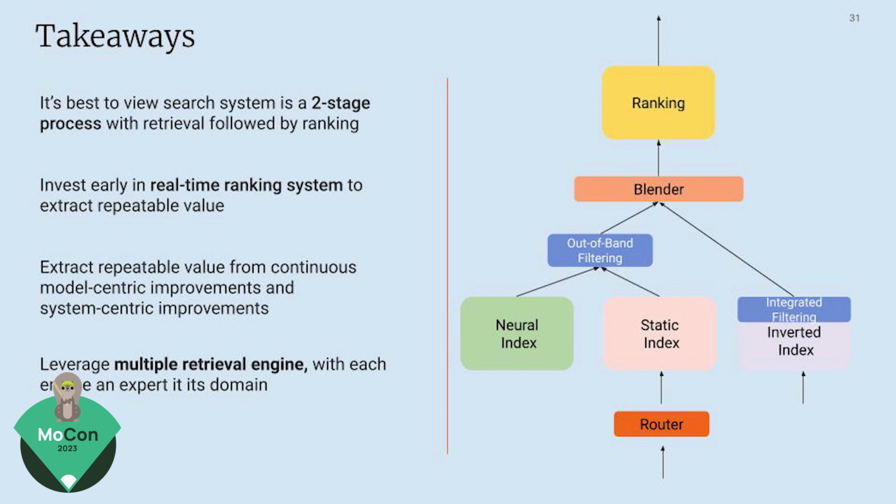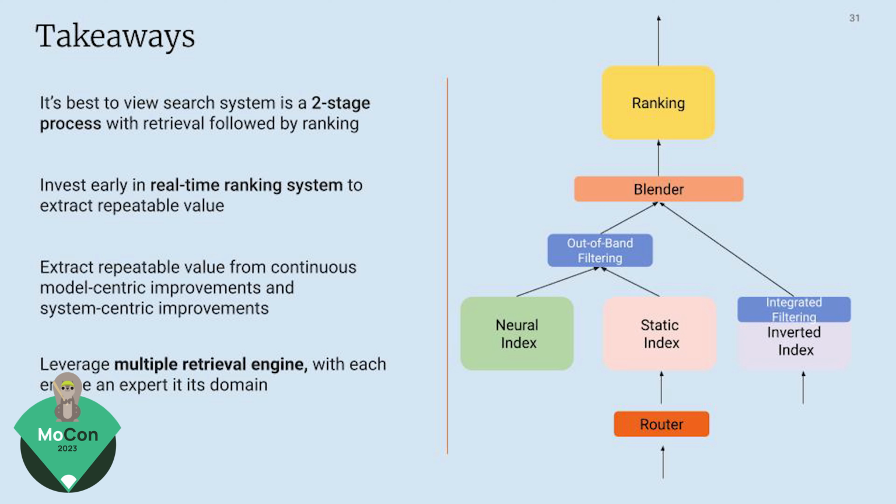So the overall takeaway for anyone wanting a really good mental model for search systems is to start viewing it as a two-stage process, where the first stage is retrieval and the second stage is ranking. Both of them can evolve separately, and that allows you to make changes to them independently.